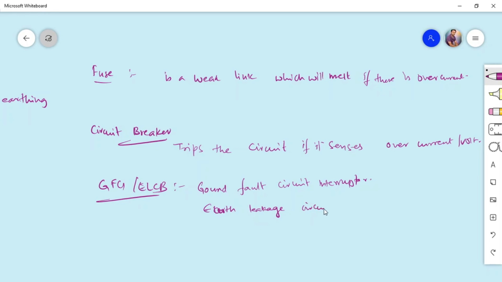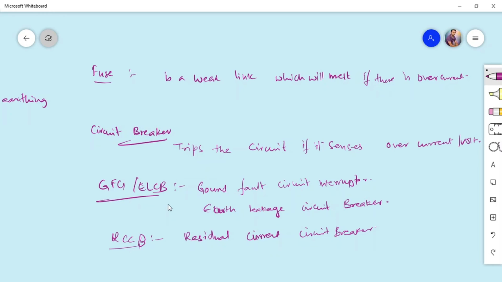And we have RCCB, which is residual current circuit breaker. This is used widely now because of its application.